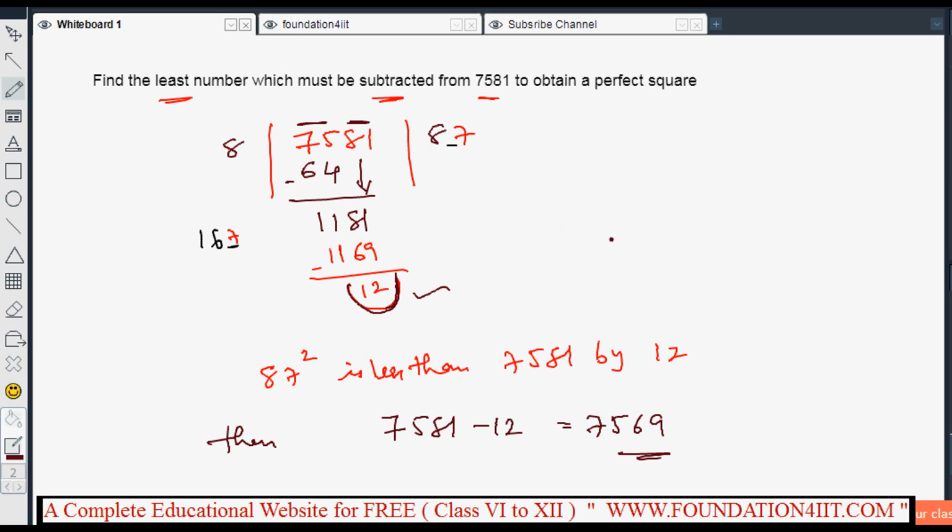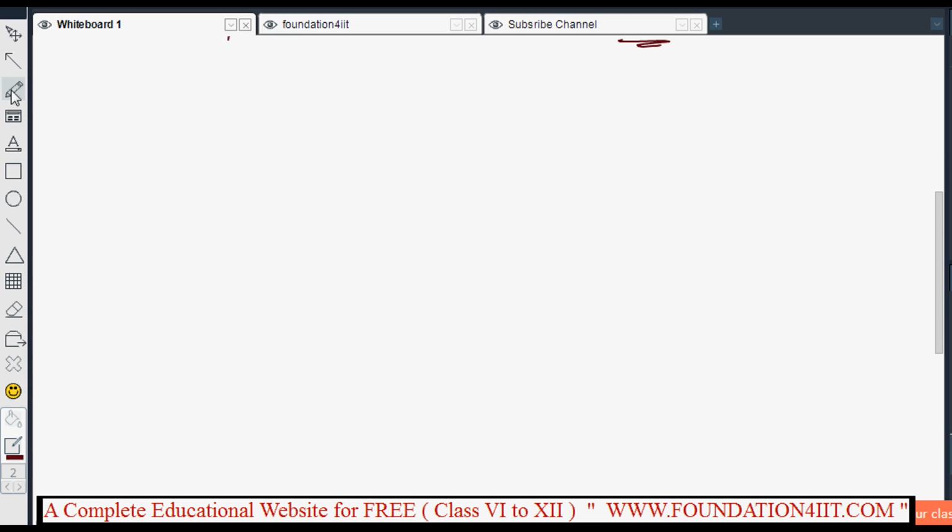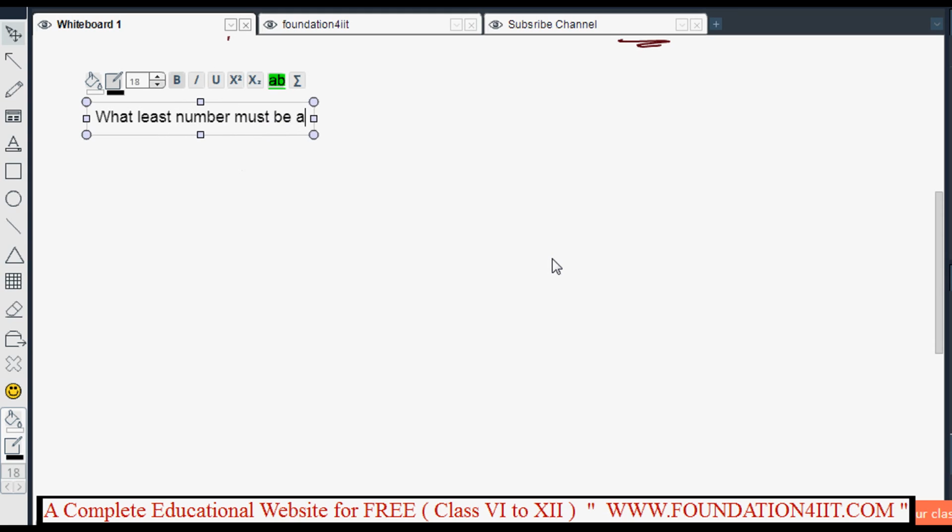Okay, some questions are asked, what must be added. So I'll explain now. One more question. What least number must be added to 2945 to get a perfect square?